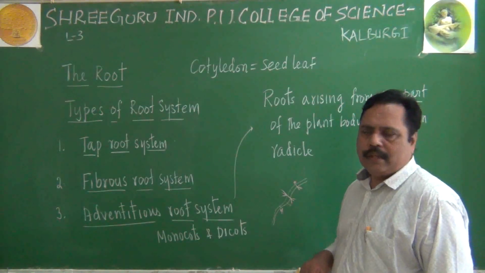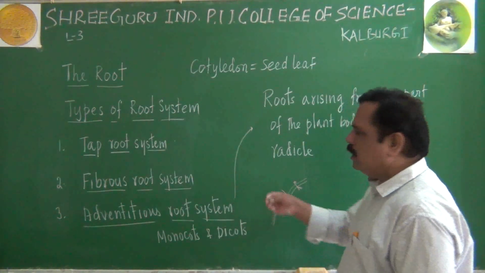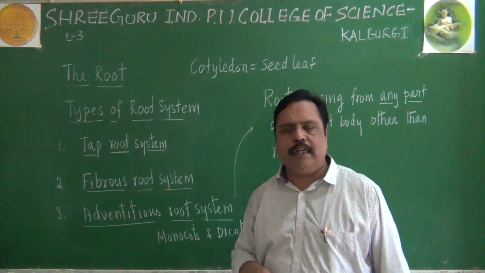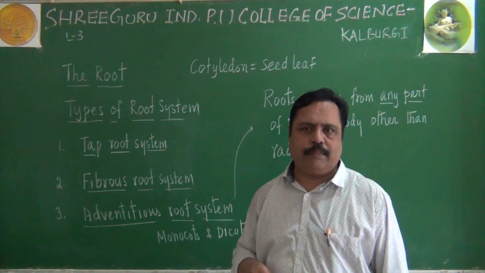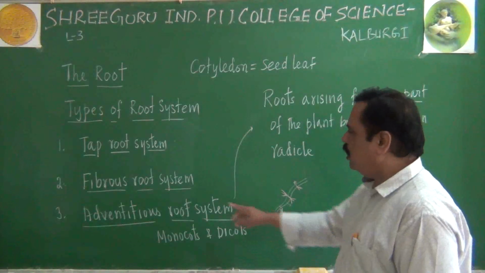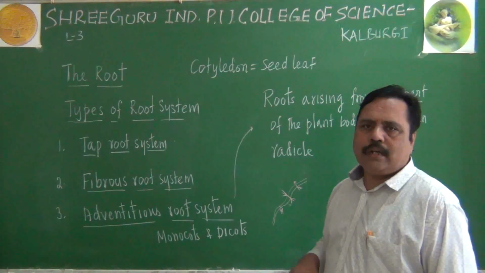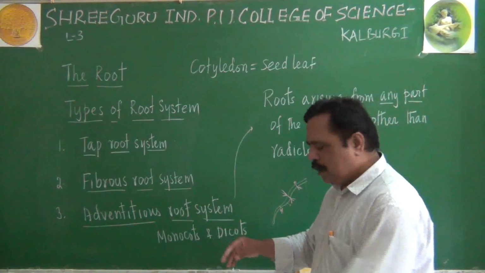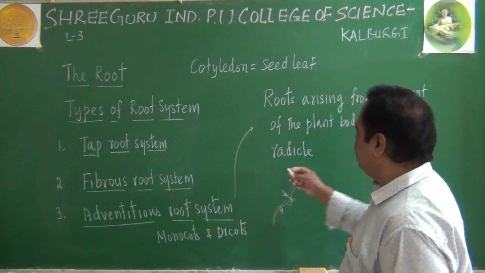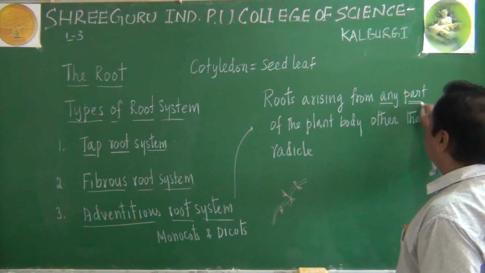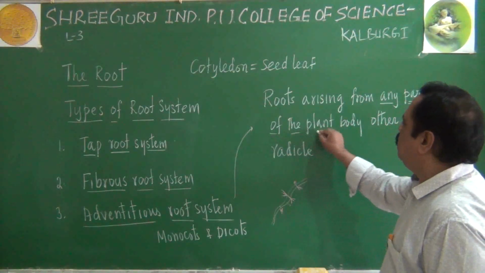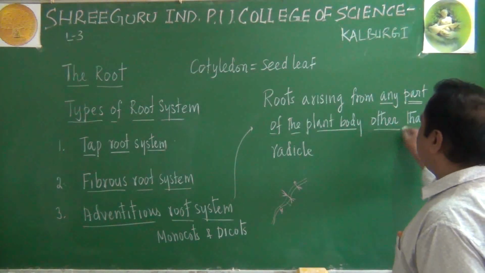Even you might have seen this in pepper also, Piper nigrum. In these plants, adventitious roots are originating. They do not originate from the radicle, so they originate from any part of the plant body other than radicle.